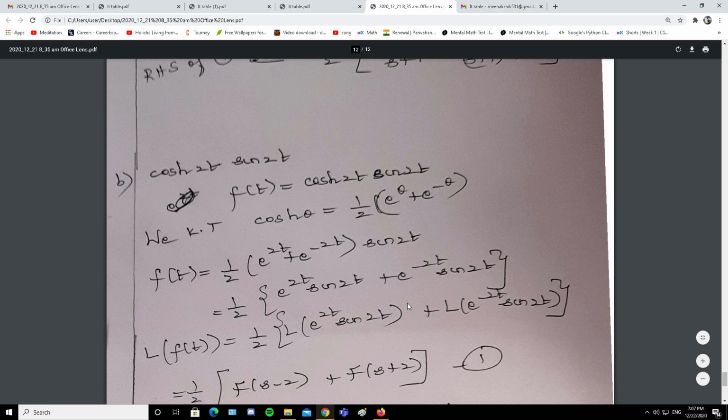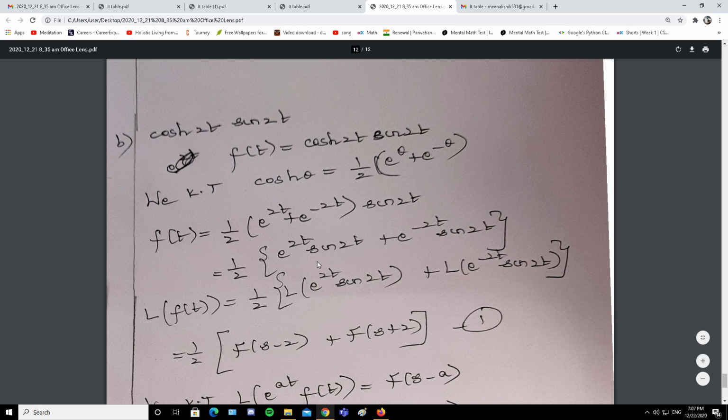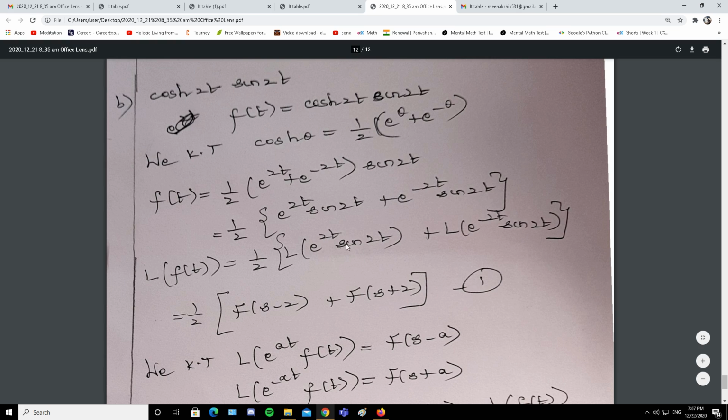So take Laplace on both sides. Half of Laplace of e power 2t sin 2t plus Laplace of e power minus 2t sin 2t. Whenever you have the product where one of the terms is exponential, it means shifting property.